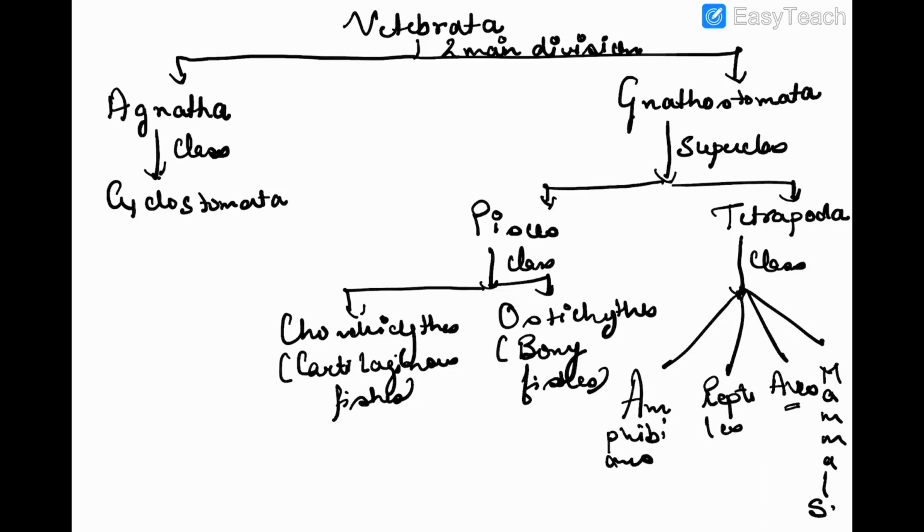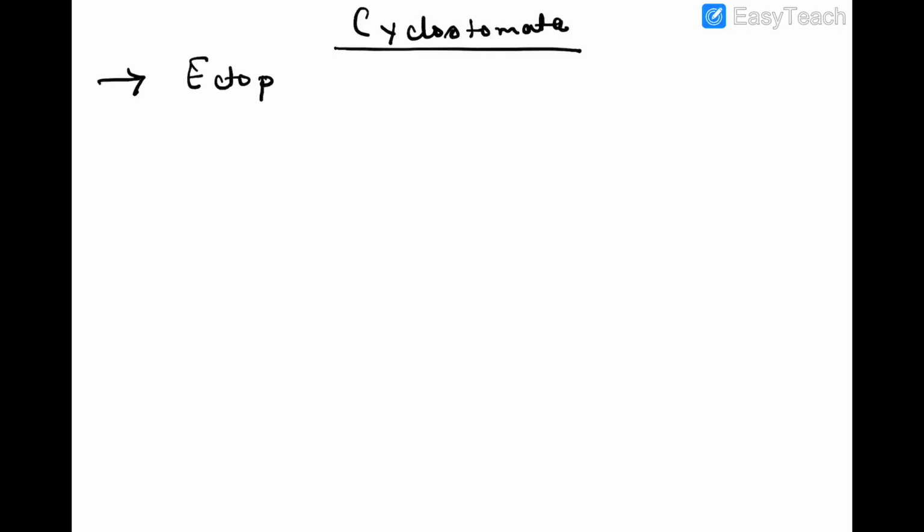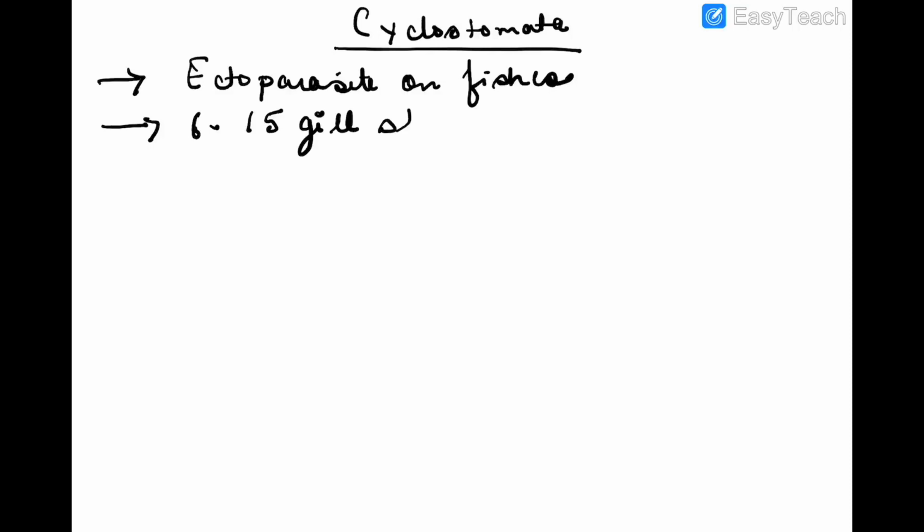Now let us talk in detail about class Cyclostomata. All Cyclostomata organisms are ectoparasites on fishes. That is, they live on the body of the fish as parasites. They have 6 to 15 gill slits for respiration. They are without jaws.